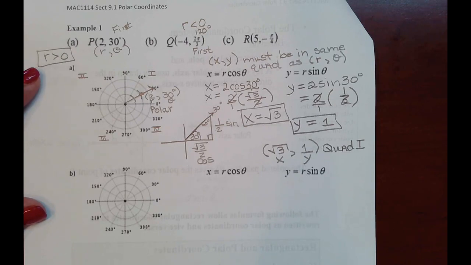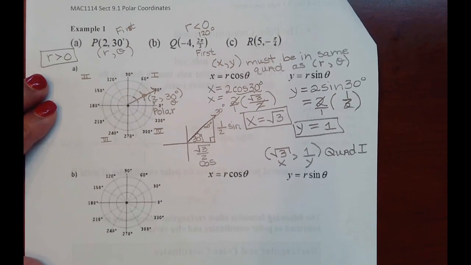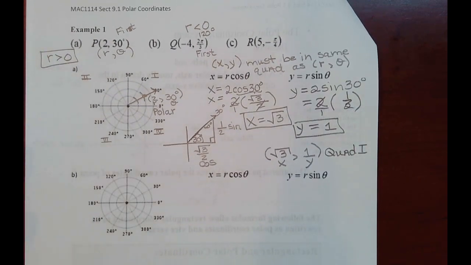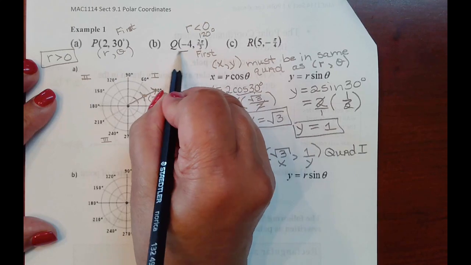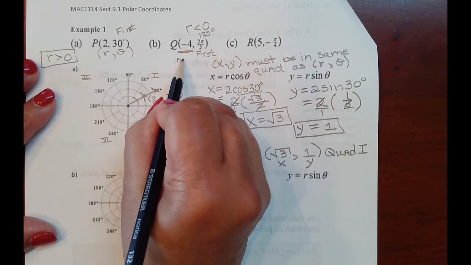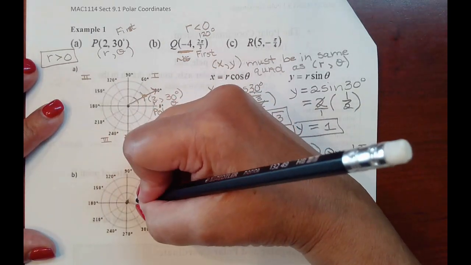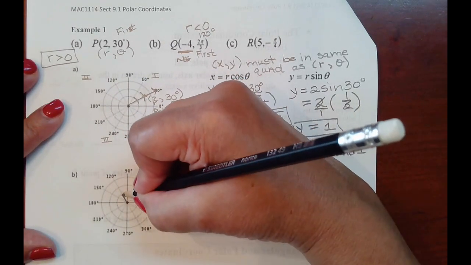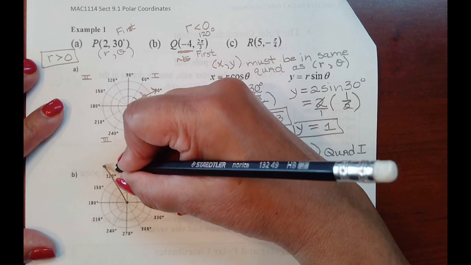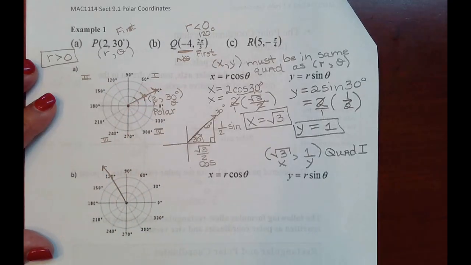So we're going to rotate to 120 degrees first, but we're going to handle the movement of the r distance differently, and that's because this is negative. Negative r value, we handle it differently. So rotate to 120, rotate here. This would be the arm that we're talking about right at 120.